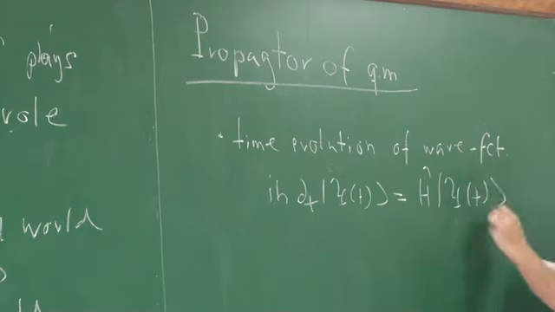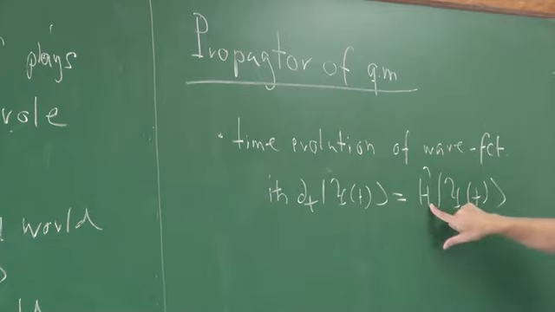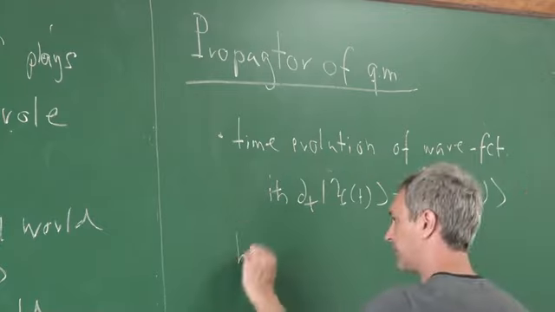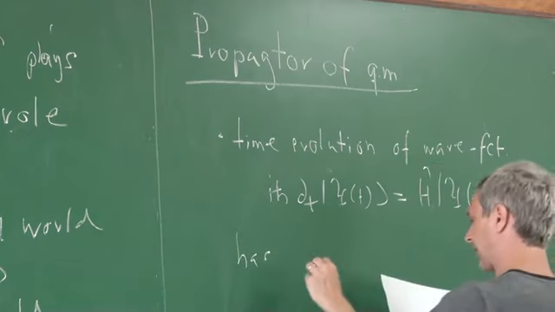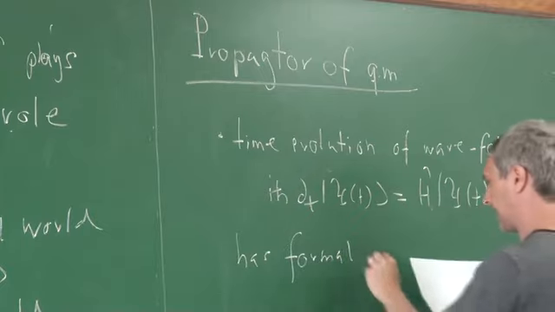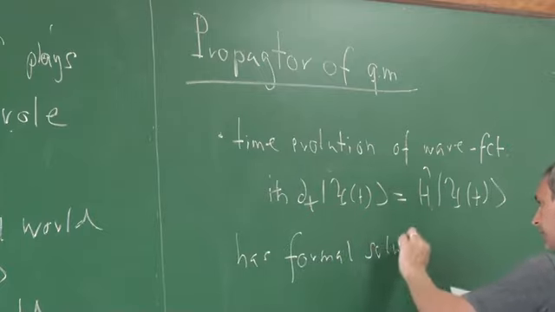And looking at this equation, if we take some time-independent Hamiltonian, you can also write down some formal solution, but let's concentrate for simplicity on time-independent Hamiltonians, and I can immediately write down the formal solution of this equation by exponentiating the Hamilton operator.